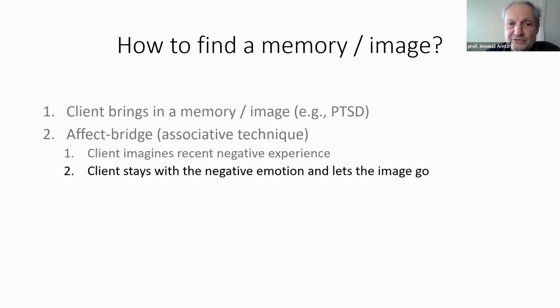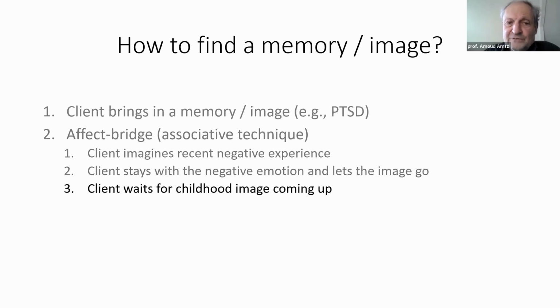Then you instruct the client to stay with the negative emotion and let the image go. And then the client waits for a childhood image coming up. You instruct the patient, okay, see and wait whether a memory from your childhood comes up. And then you use that memory for rescripting. And the assumption is that that underlies the present sensitivity for specific triggers.